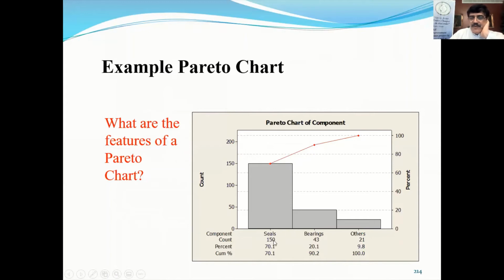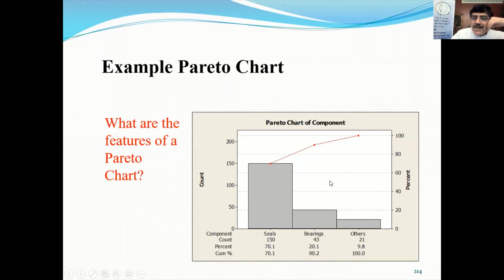So 150 over the total, that's 70% of all the failures. The bearings were 20%, but the cumulative here is what we are after. So this one is 70%. If you add bearings to it, you will get 90%.